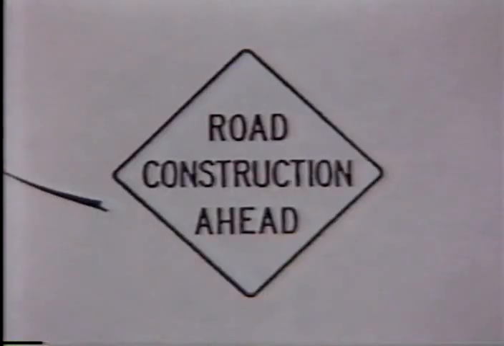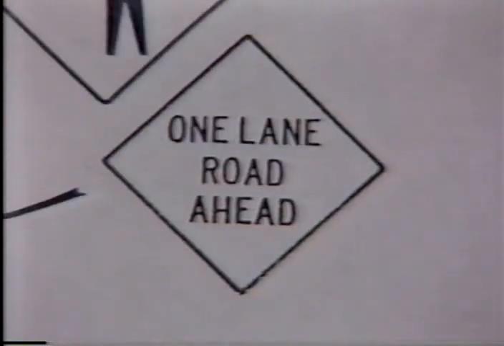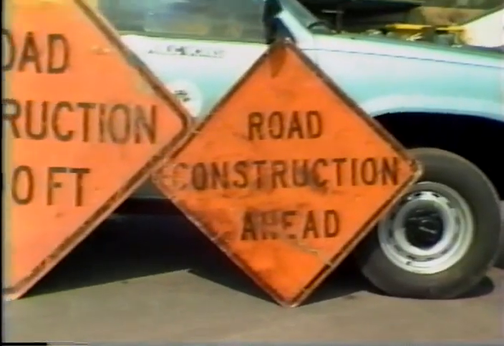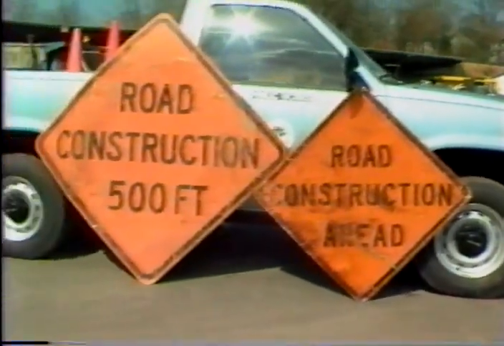Use a series of 3 warning signs on both ends of the work area. Place them in sequential order, beginning with Road Construction Ahead sign, then the 1-lane road ahead sign, and lastly, the Flagman Ahead sign.